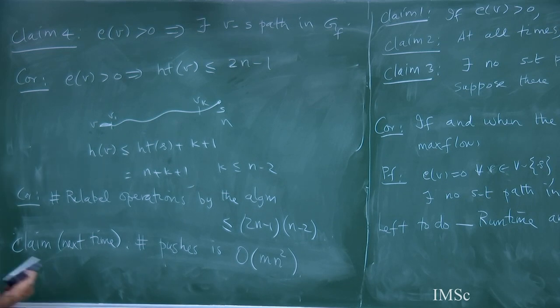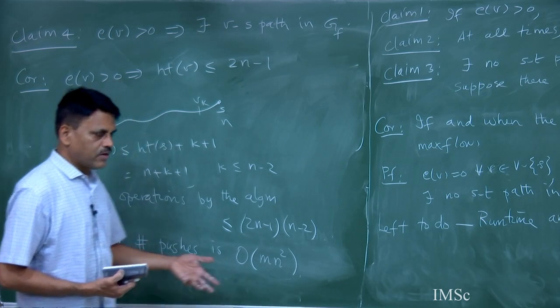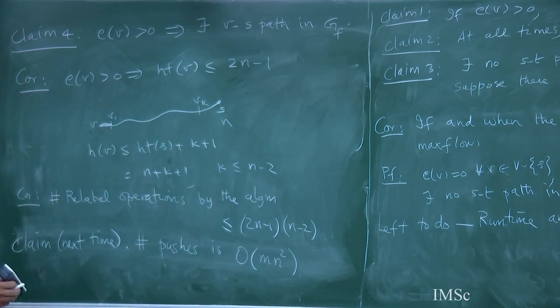So this is n squared, and the number of pushes you will bound by m n squared, and it'll be an interesting potential argument. We'll come up with some potential and see how it is increased or decreased by various operations.